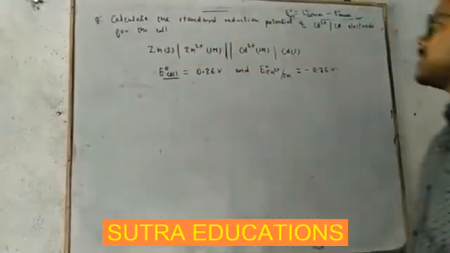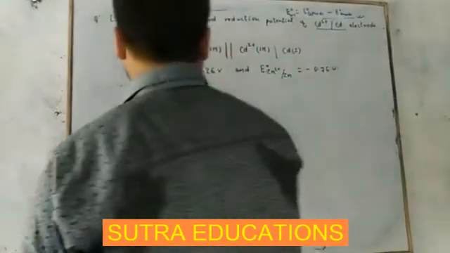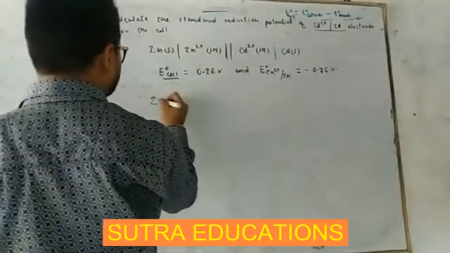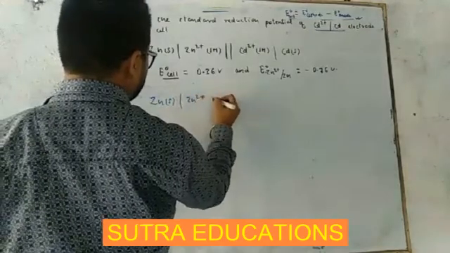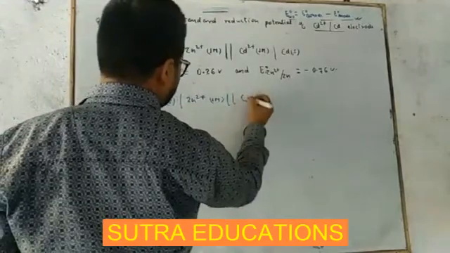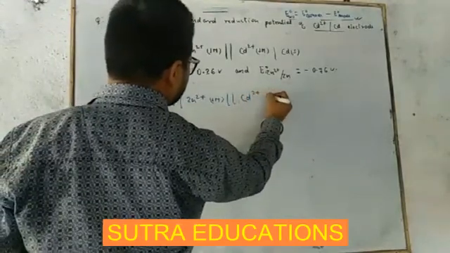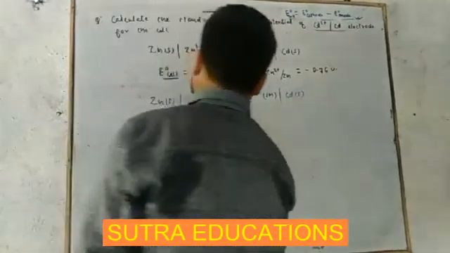So calculate the standard EMF, calculate the standard reduction potential of this. Cell reaction is Zn(s), Zn2+ 1 molar, Cd2+ 1 molar, Cd(s).